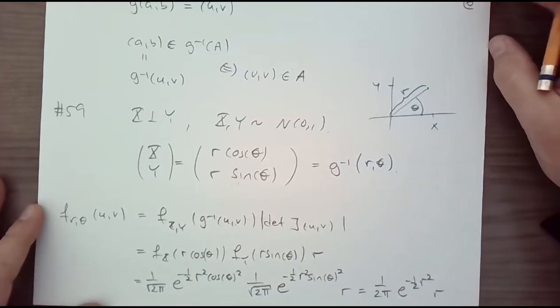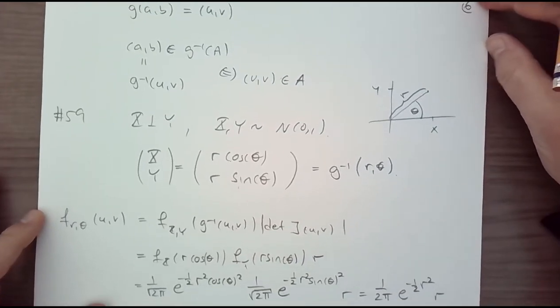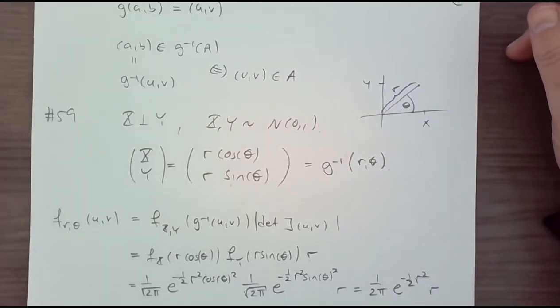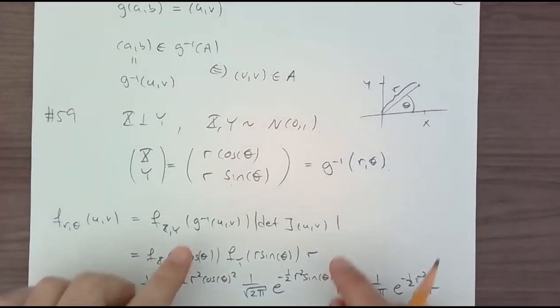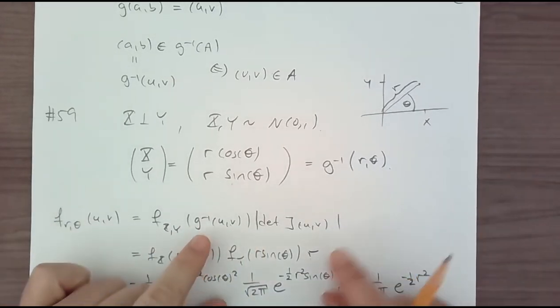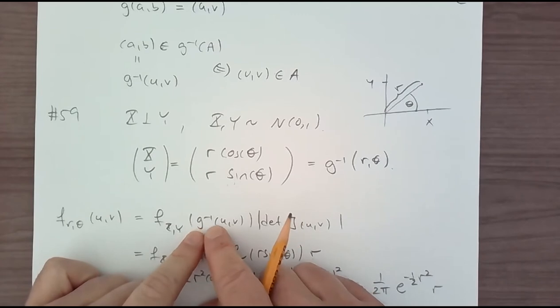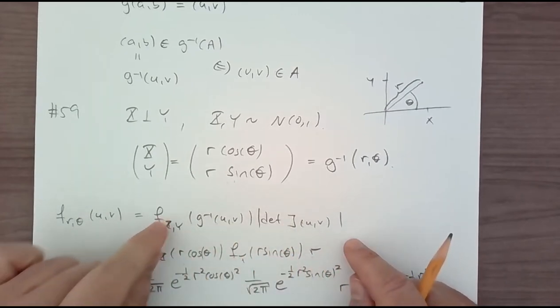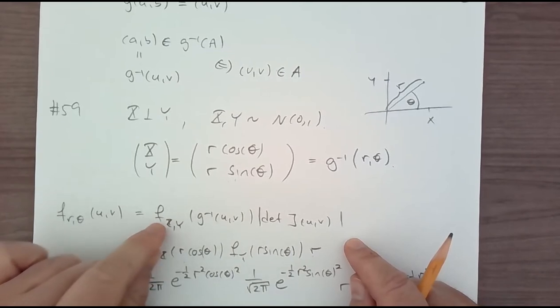Other questions? The formula you're seeing here is fairly general. You need to be able to invert this G, and you need the joint density of the original variables.